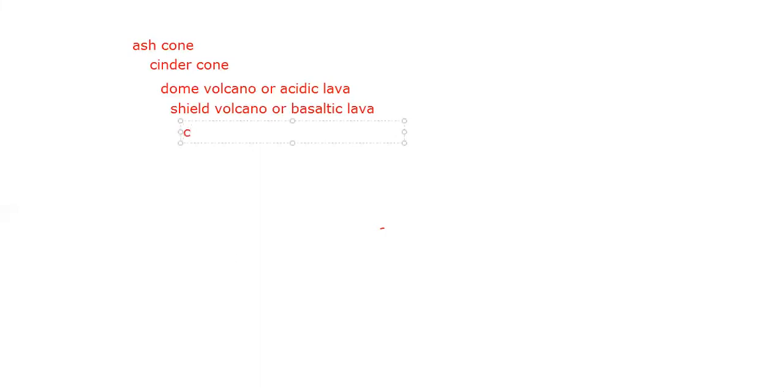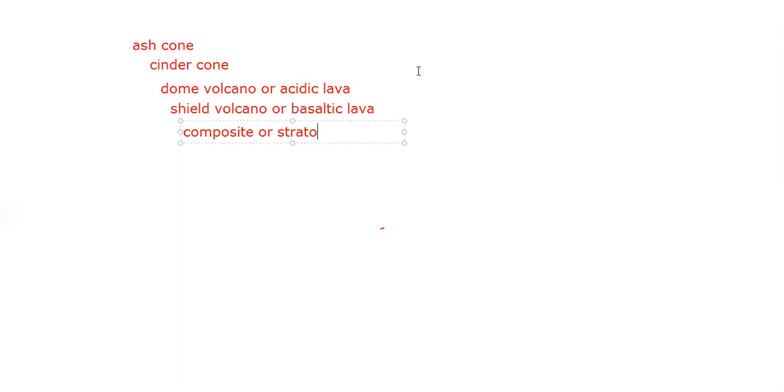So, composite or strato, right? These are normally tall conical volcanoes consisting of many layers of volcanic material, right? So they have a lot of layers.